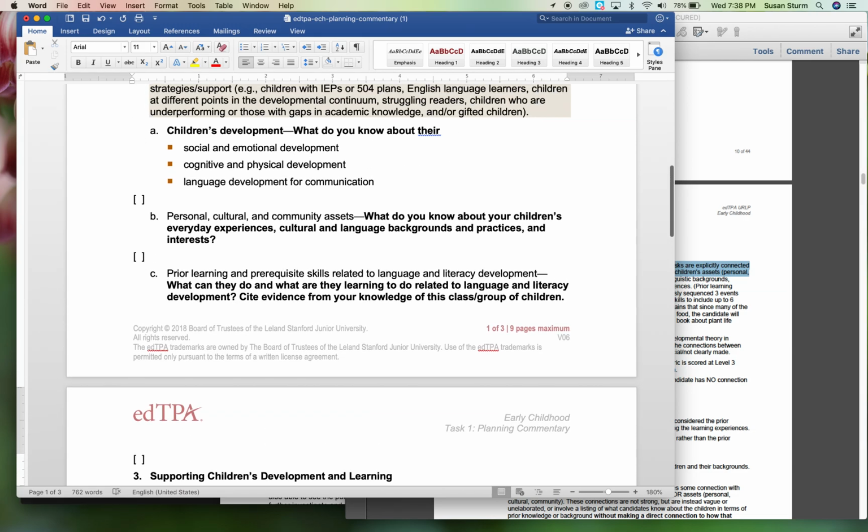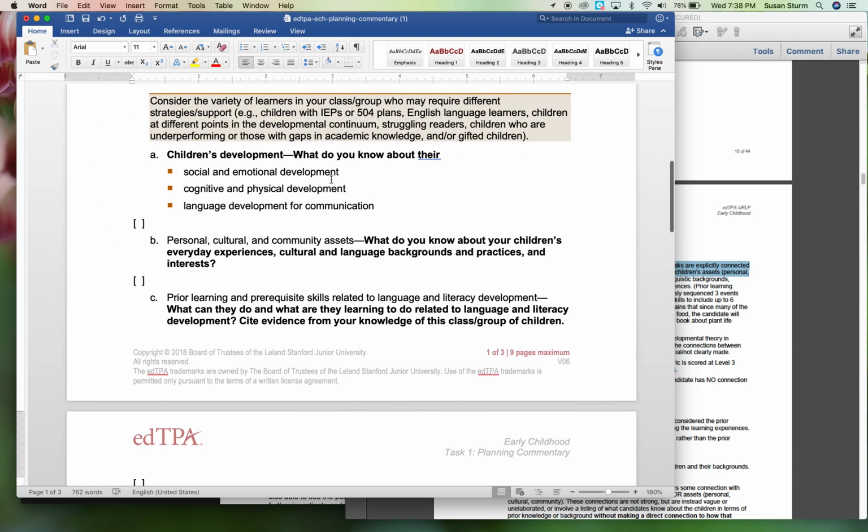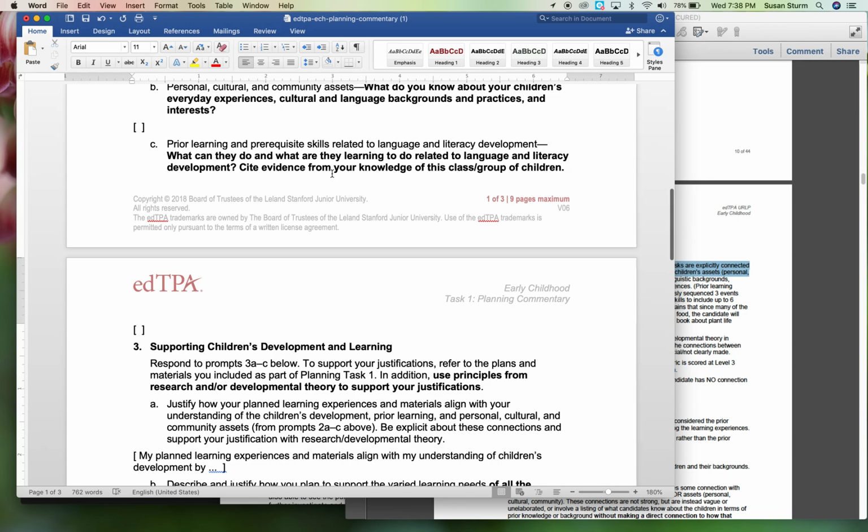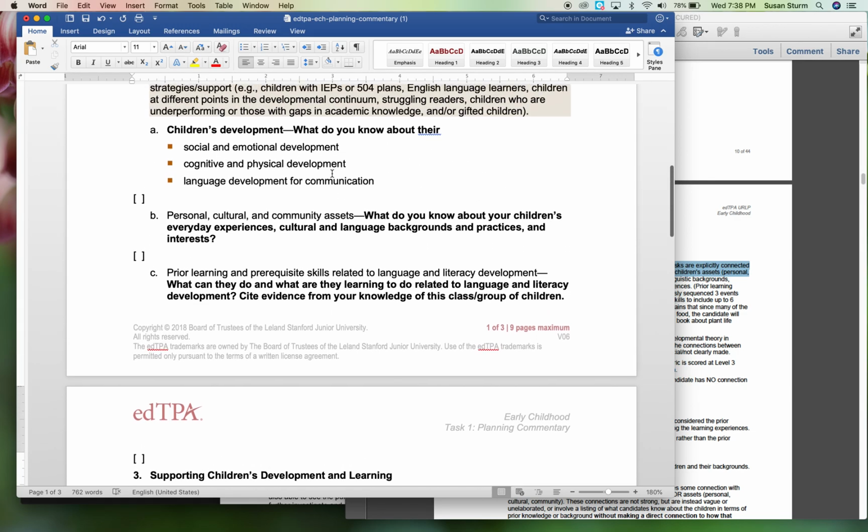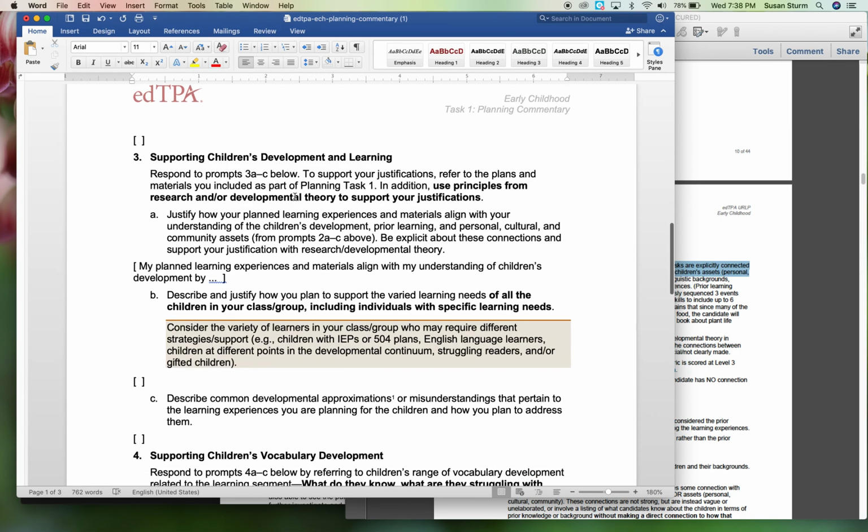And you've already talked about that up here in the children's development. So now this is where you told me about your students. What is their social and emotional, cognitive and physical and language development? So you already described your kiddos, already talking about your IEPs. Now explain how you aligned your teaching to that.